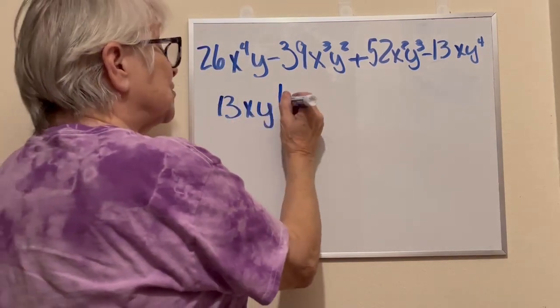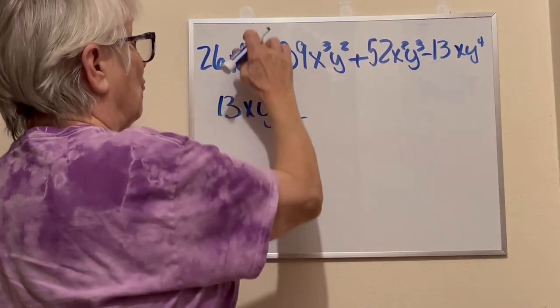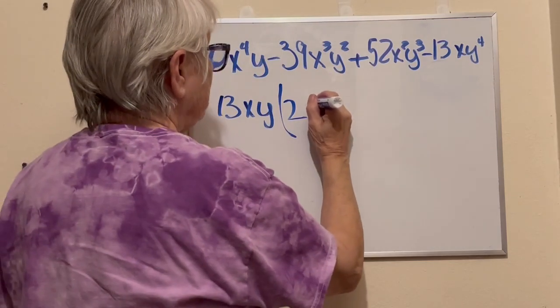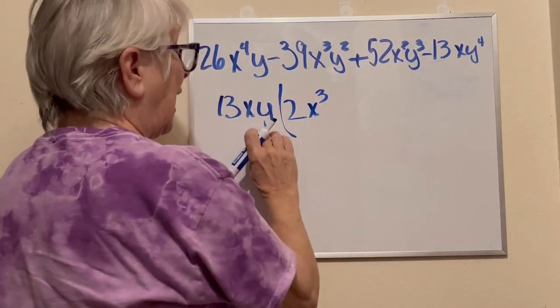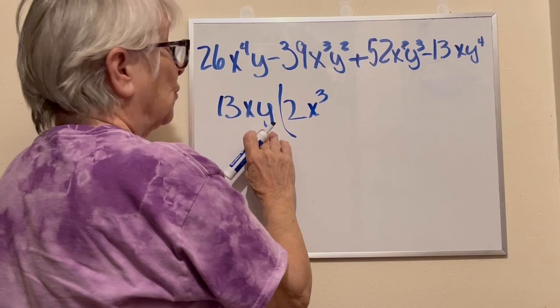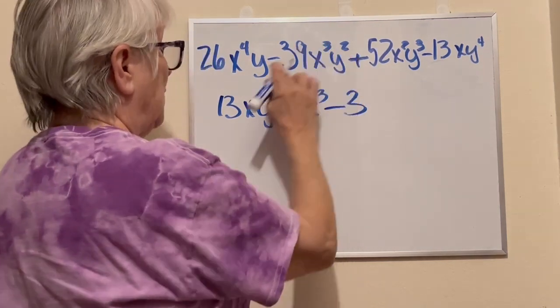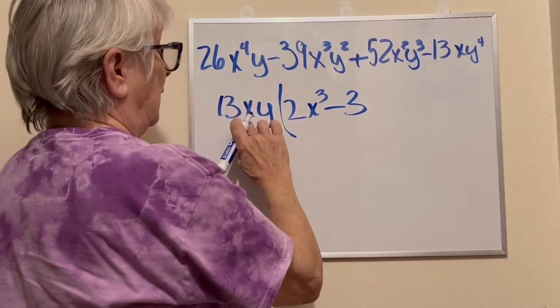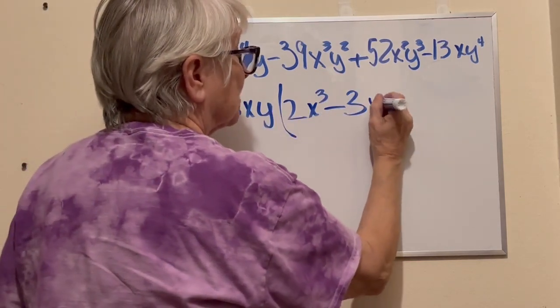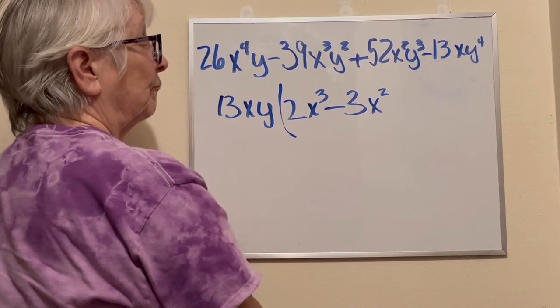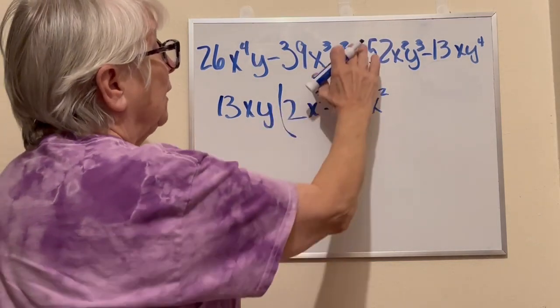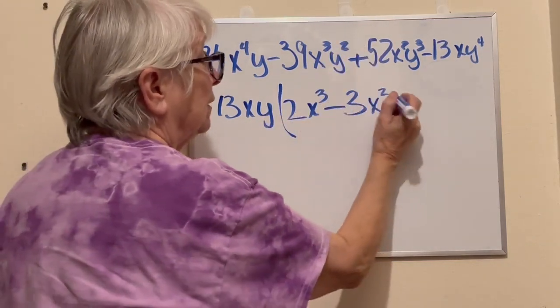Now, 13 times 2, we said, was 26. 4 minus 1 is x3, and we already have a y. So we don't need another one. Minus 3. 3 minus 1 is x squared. And 2 minus 1 is y.